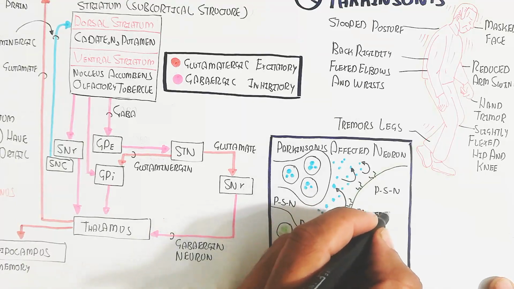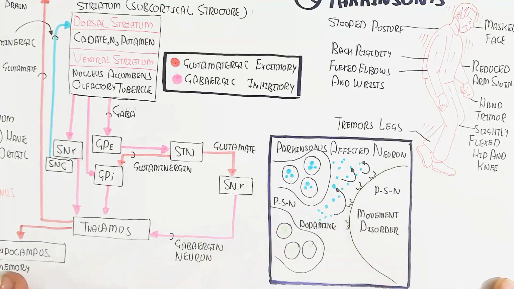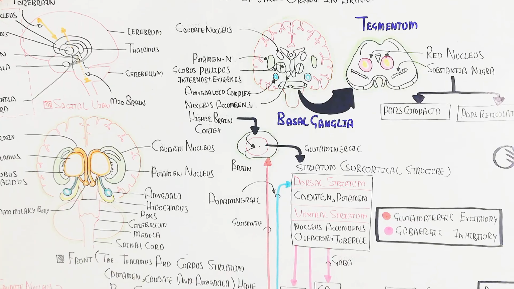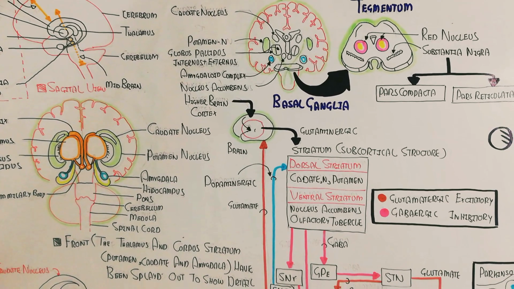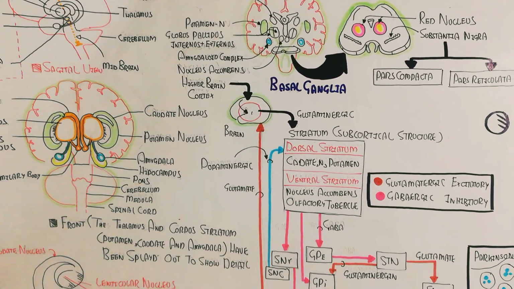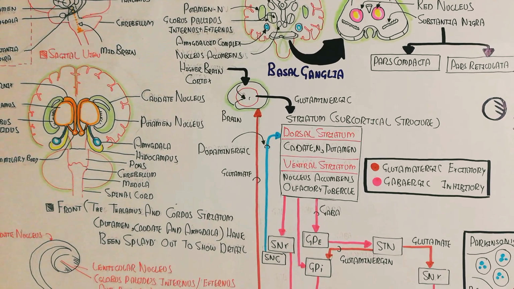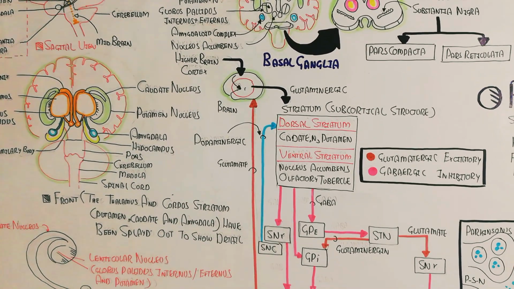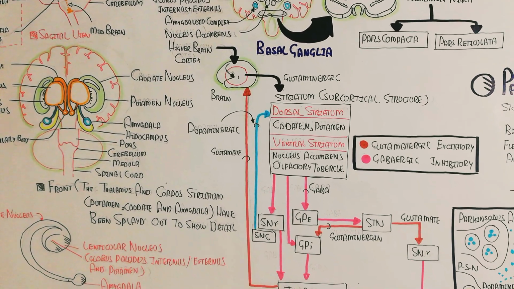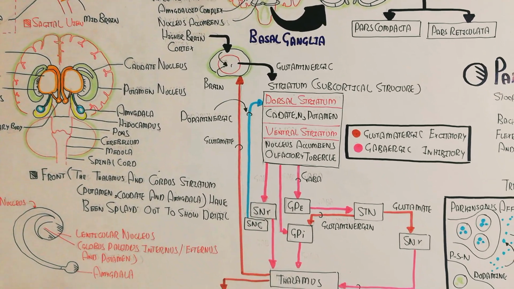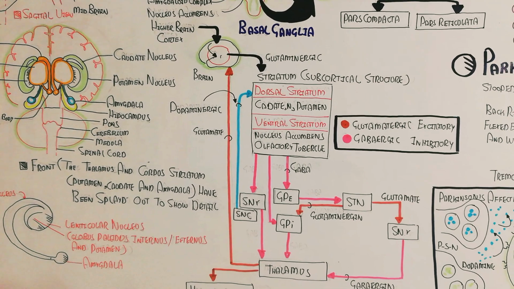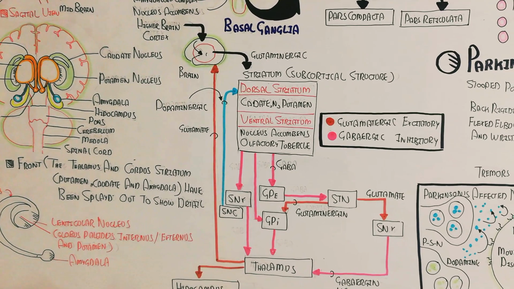So here is the Parkinson affected neuron, the postsynaptic neuron and presynaptic neuron will be inhibited, because dopamine gives positive feedback for further movement. So dopamine is a major stimulator of the striatum, leading to proper function of the basal ganglia.